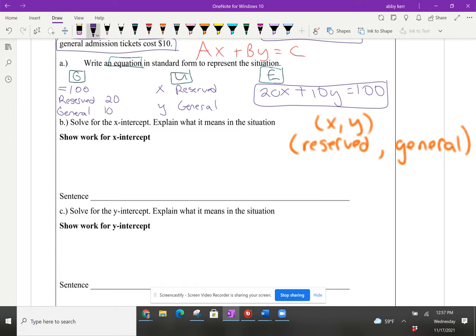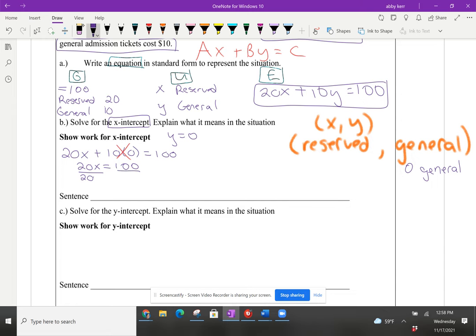Now, for part B, it says solve for the x-intercept. This is saying Y is 0. It's saying that in this situation, she doesn't want any general tickets. She wants to see how many reserved tickets she can afford. So she plugs in 0 for the Y. She's saying she's not buying any general tickets. So then we have 20x equals her budget of $100.